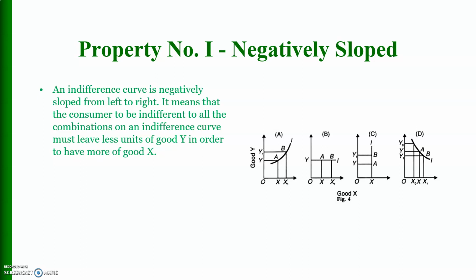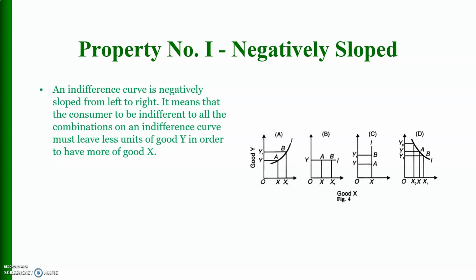Panel A cannot be an indifference curve because both A and B combinations are on the same indifference curve, but B contains more of x and more of y. So it is not possible that one combination has more of the two commodities and the other combination has less of the two commodities, and their satisfaction level is the same.